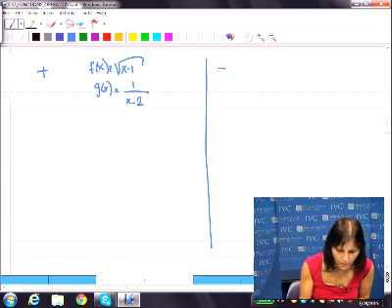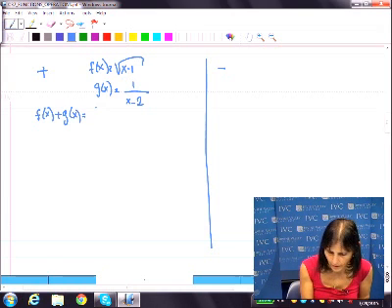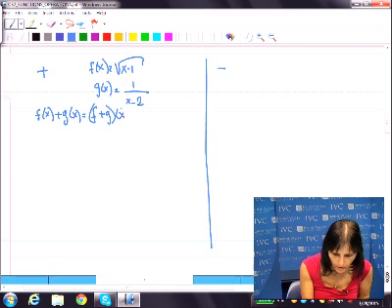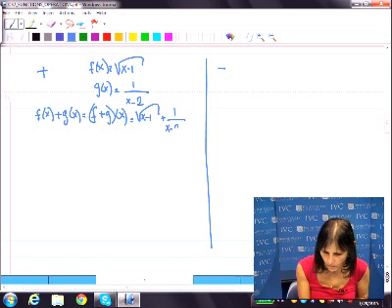Okay? I'm going to add them first. f of x plus g of x. You can also write it like this, f plus g of x, notation. So what does that give you? That gives you square root of x minus 1 plus 1 over x minus 2.